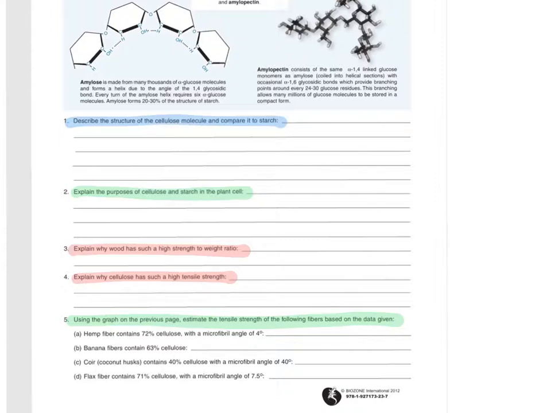What skill am I looking for here? What practice am I trying to give you? Reading a graph. Read the graph. If you answer these questions correctly, you'll be good. So definitely answer these questions, and the others, you don't have to worry about them. But if you absolutely want to, you can.